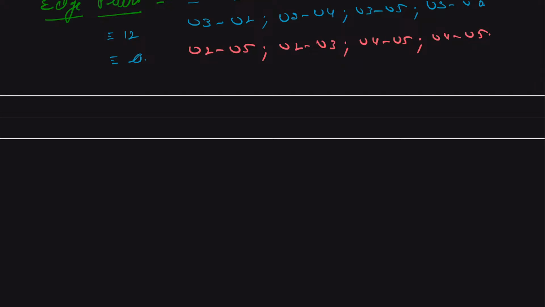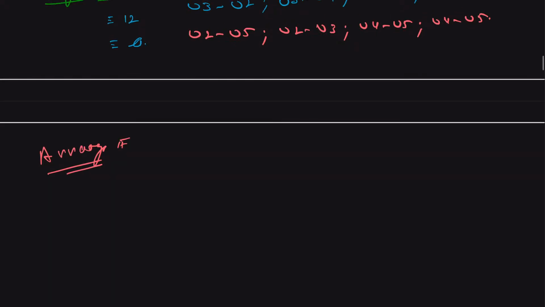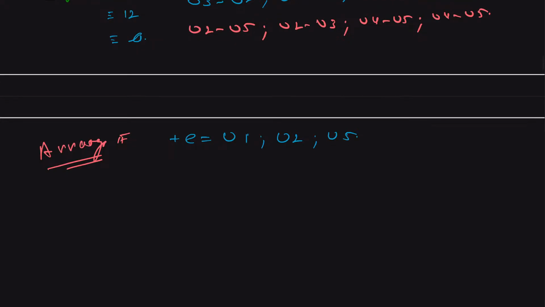And let us come to our second arrangement. Here, let's assume that we place the positive charge at V1, V2 and V5, and the negative charge at V3, V4 and V6.